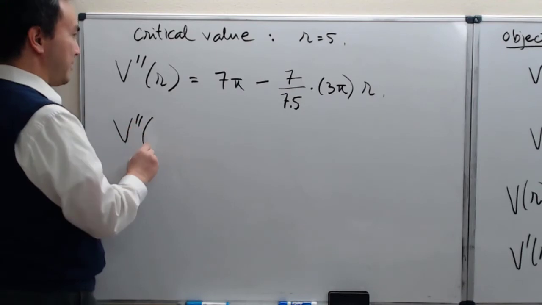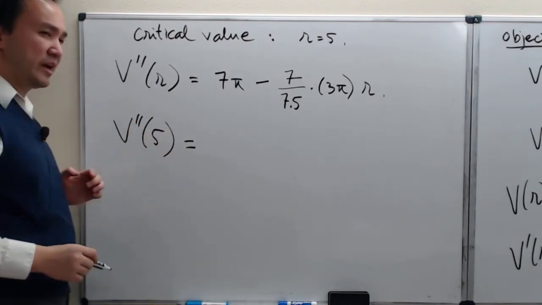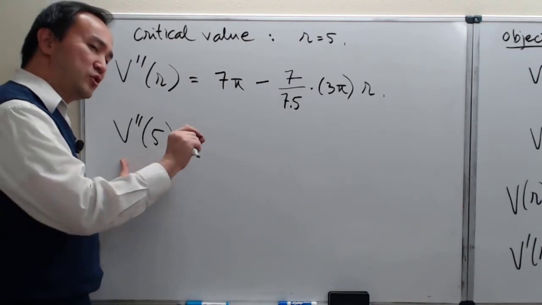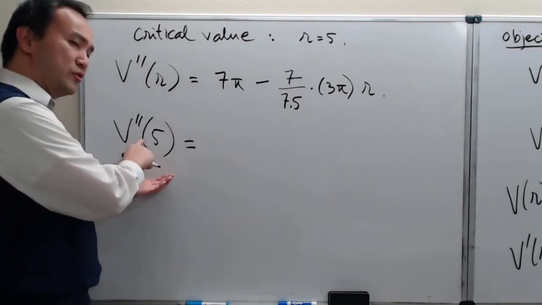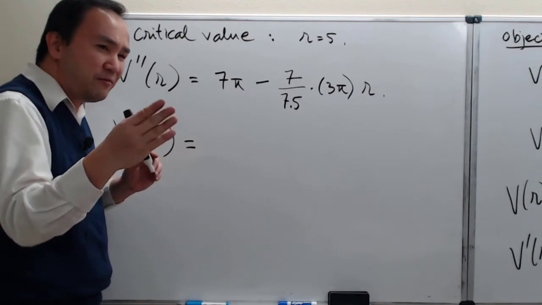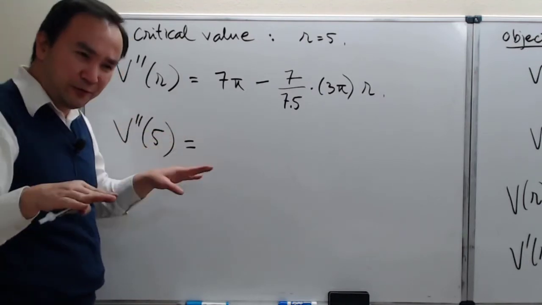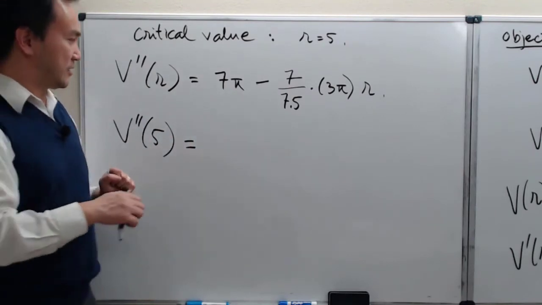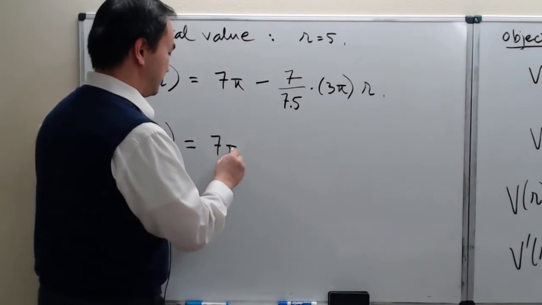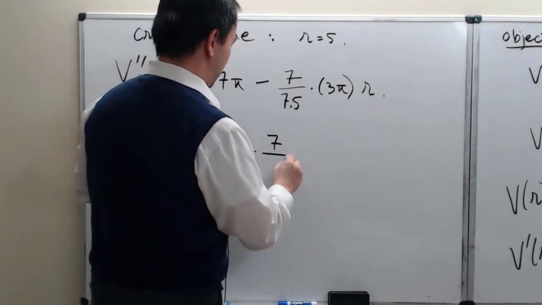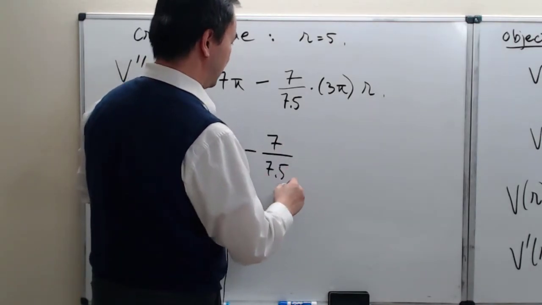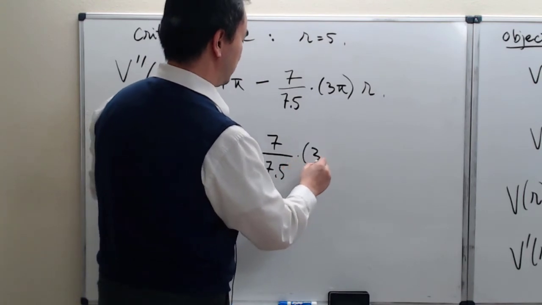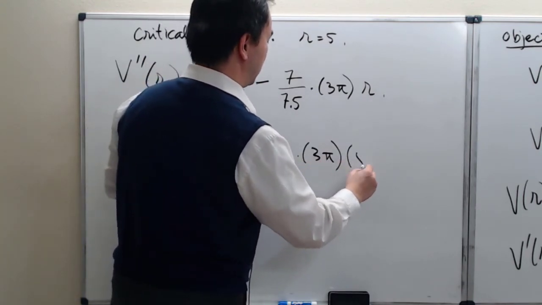So V double prime at 5. Let's see what kind of value we have. Remember, ultimately what we're doing here is checking for the final sign of our double prime, so if I'm off a little bit with the calculation, please forgive me, but the final sign is what matters for us here. So 7 pi minus 7 over 7.5, times 3 pi, times 5 here.